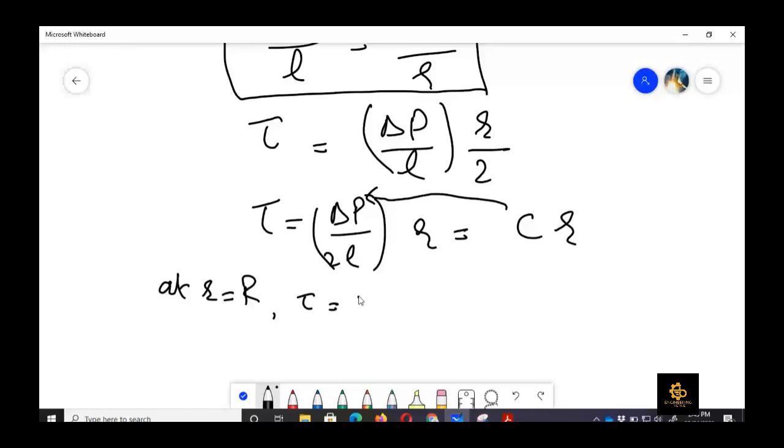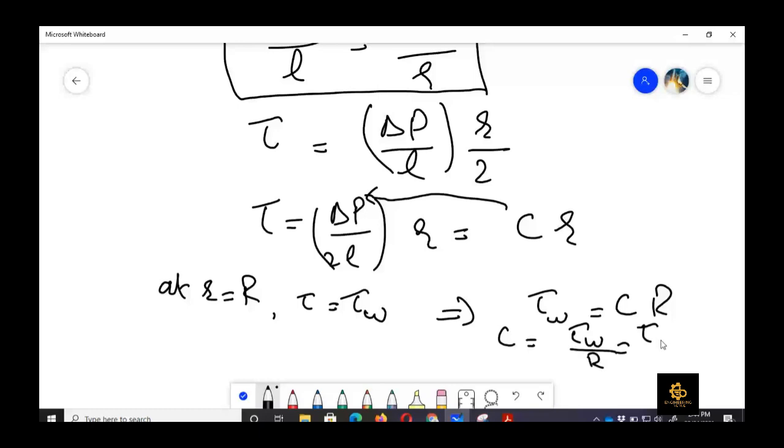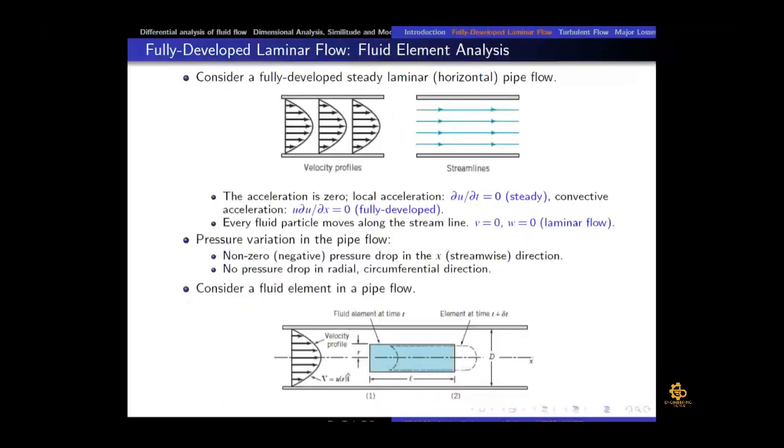So from here I can write that tau omega is equal to C into R, and C would be equal to tau omega upon R, and we can also write it in terms of diameter. So that's what I have written here. C is equal to 2 tau omega upon d.